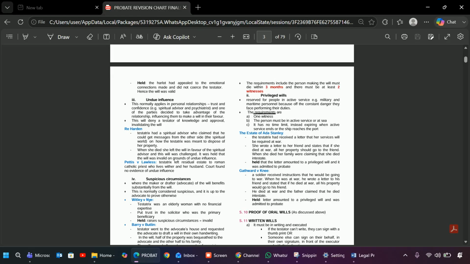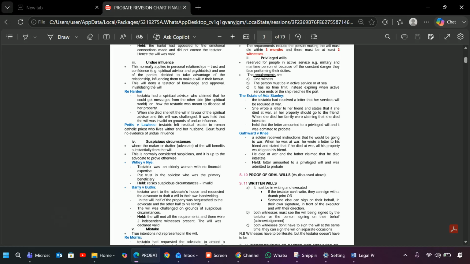And the requirements are: it has no time limit, instead of expiring when active service ends or the ship reaches the port. The person must be in active service or at sea, and 1 witness must be present.